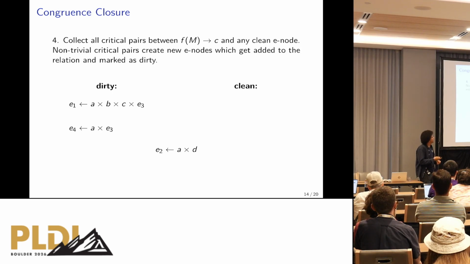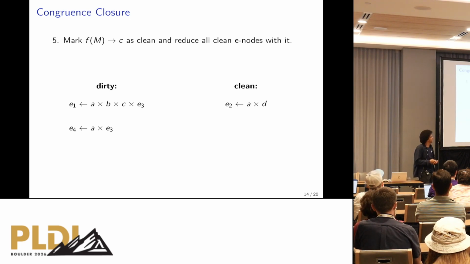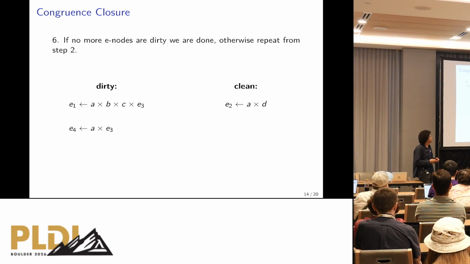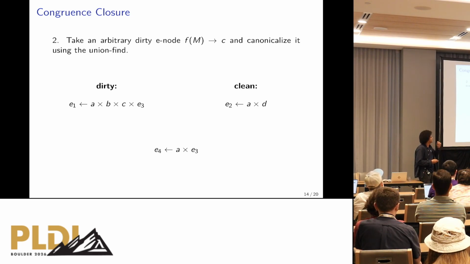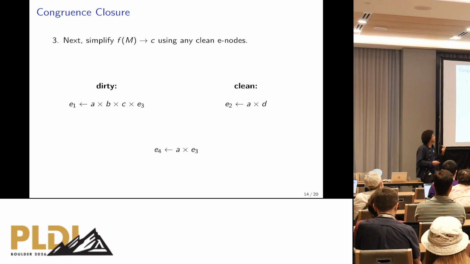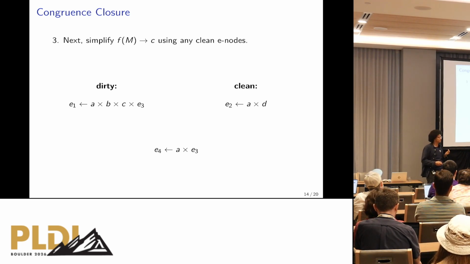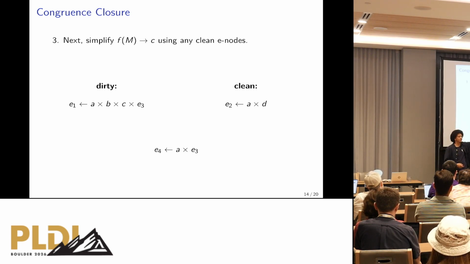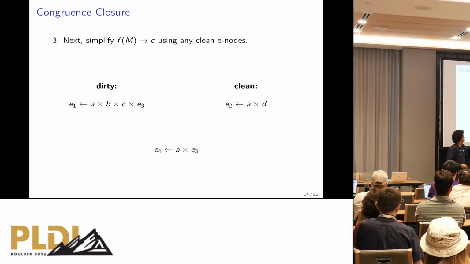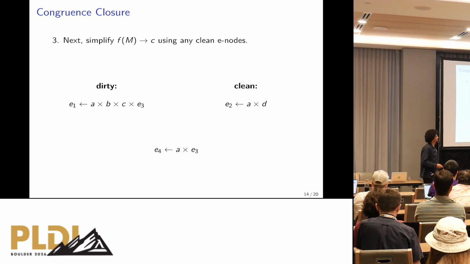So there's also no clean e-nodes with which we can compute critical pairs, so we'll just add it over here. And let's repeat. Now let's pick this e-node. And here there's nothing to canonicalize, there's nothing to simplify. To be precise, by simplify I mean using the rewrite rule on the right to simplify the right-hand side of the rewrite rule over here.